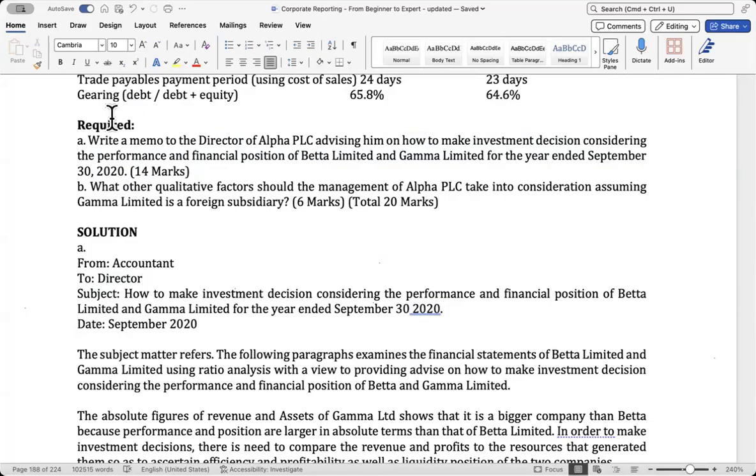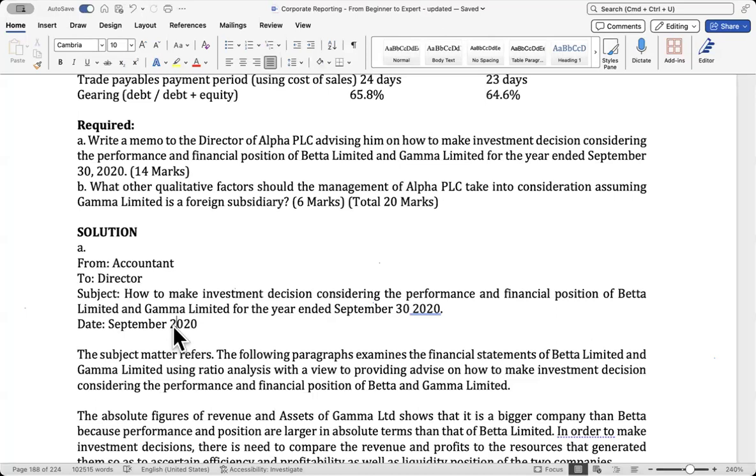And the date, I just wrote the date of the financial statement, which is September 30th, 2020. So that structure has opened me up for maybe 1 mark.